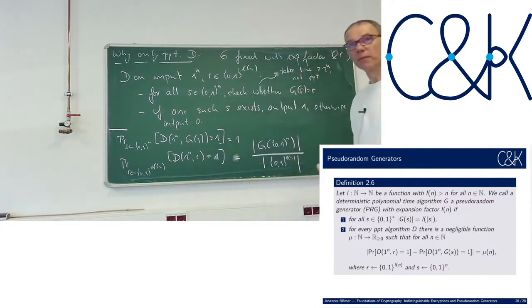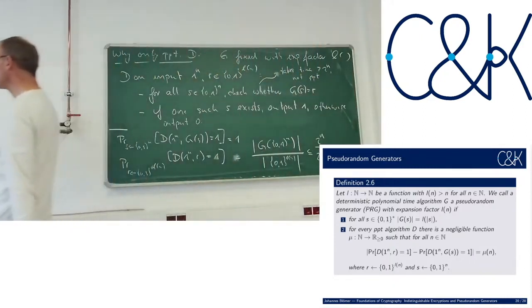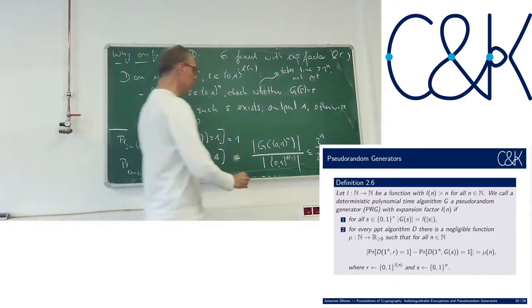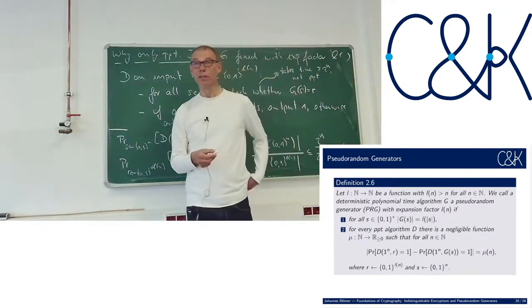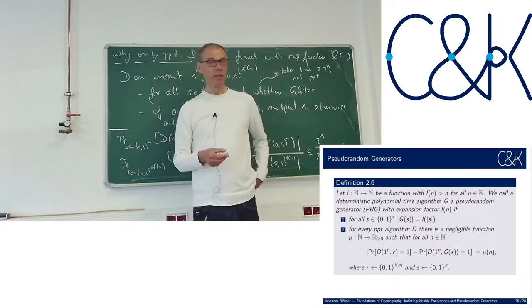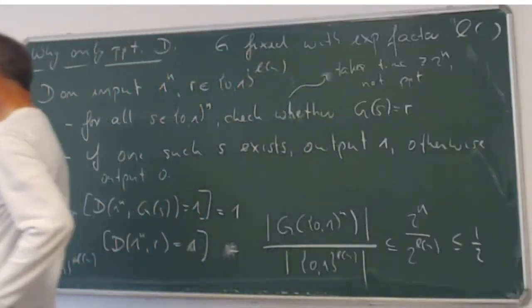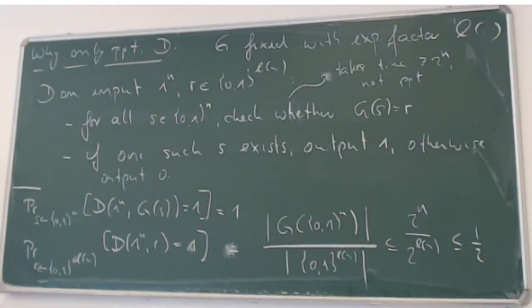As we discussed previously, this has size at most 2 to the n. This has size 2 to the L of n. Since L of n is at least n plus 1, this is upper bounded by 1/2. In general, it's much smaller. But then the difference between the two is at least 1/2. Okay?